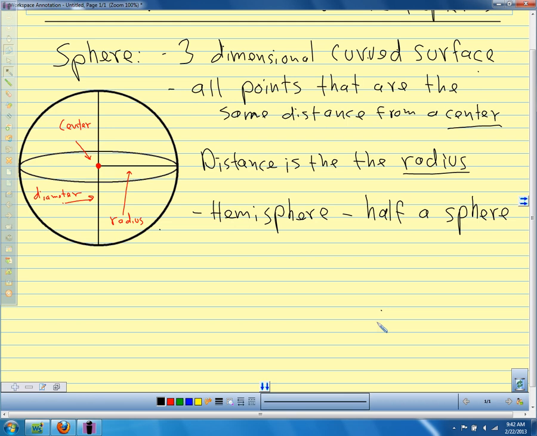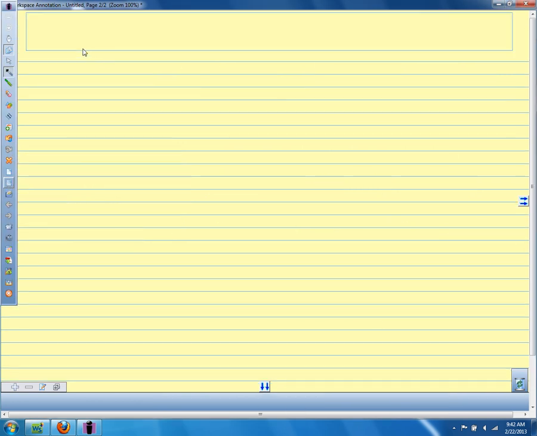Any questions about the parts of our sphere? All right, let's talk about our formulas. We'll do the surface area first, just because that's the order we've done so far. So the surface area of a sphere.